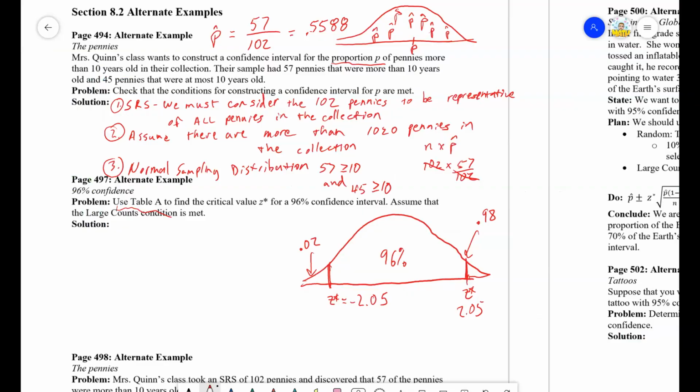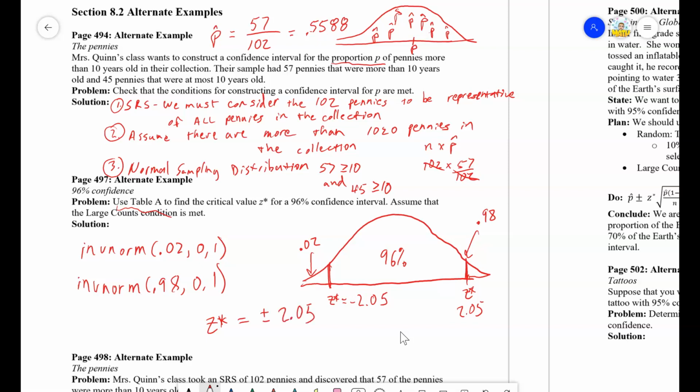Okay, so you can use table A. You can go look it up on table A to 2 decimal places, or you can use inverse norm: 0.02, mean of 0, standard deviation of 1, remember, because these are z-scores. Or we could go inverse norm, 0.98, 0, and 1. Okay, because the critical value z star is plus or minus 2.05.